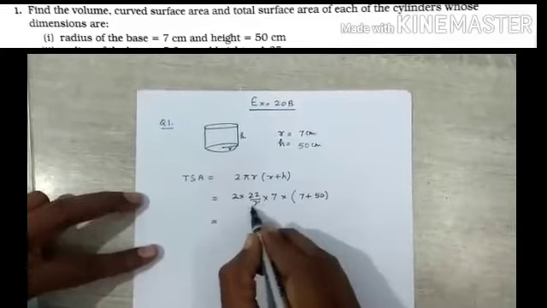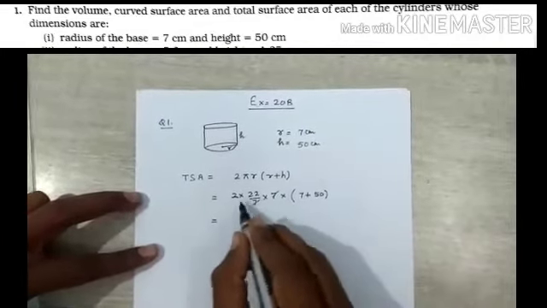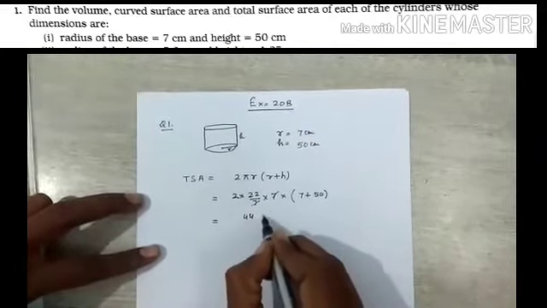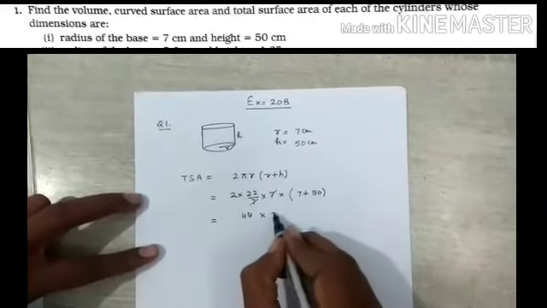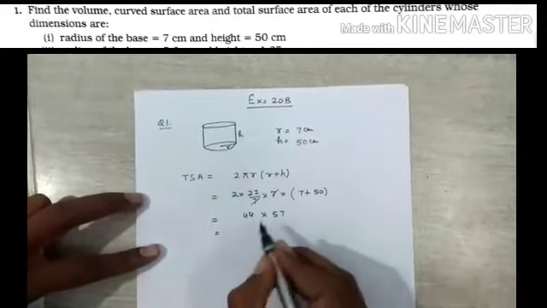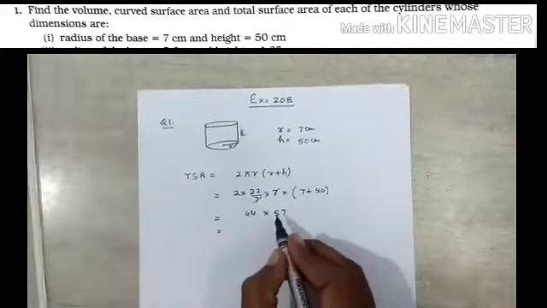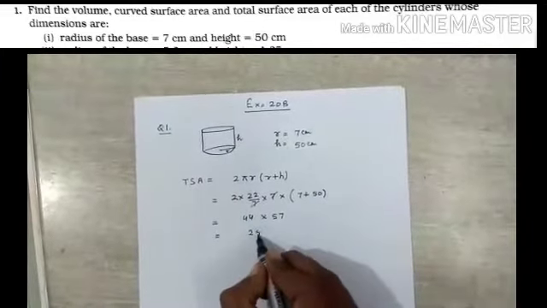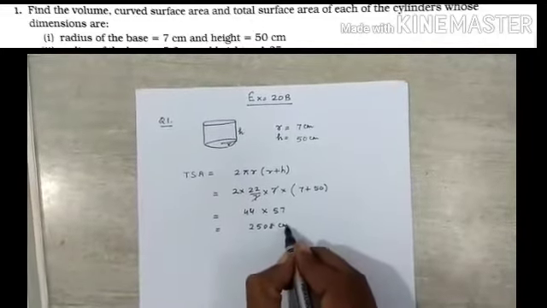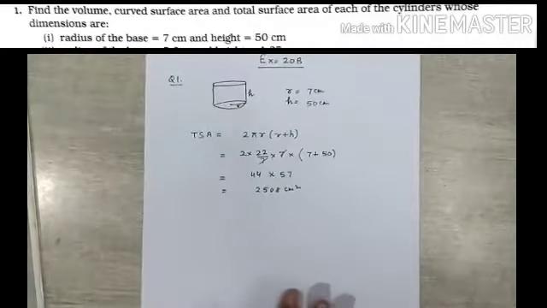Now cancel 7 to 7, 22 2 is 44 and 50 plus 7 is 57. We will multiply 44 into 57. It will come 2508 square centimeter is TSA of cylinder.